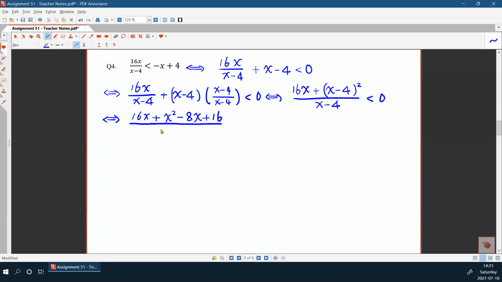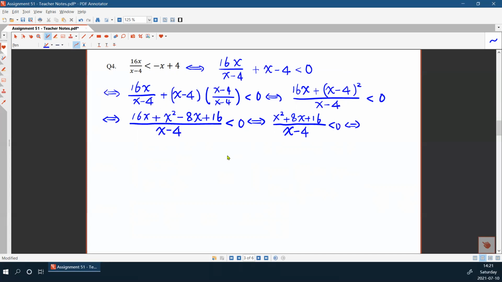Okay, over x minus 4 should be smaller than 0. And the numerator now is x squared plus 8x plus 16, over x minus 4, smaller than 0.